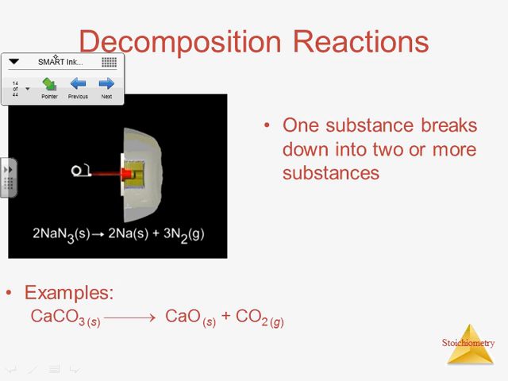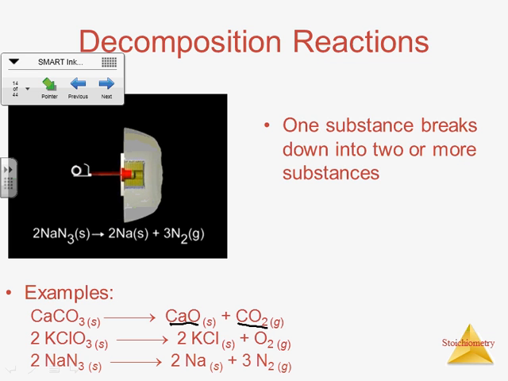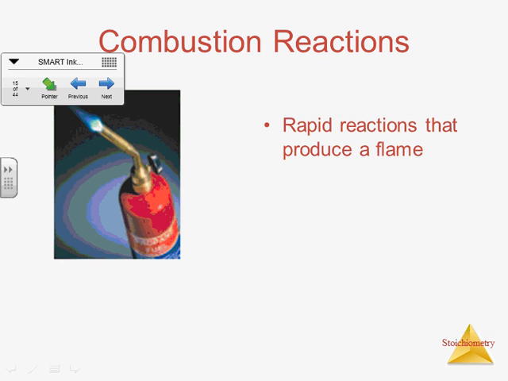Probably should have shown you this first, because this is another example of a metal carbonate breaking down into a metal oxide, CaO, and carbon dioxide gas. Another example here, KClO3 breaking down into KCl plus O2. We're going to have to talk about that rule tomorrow. And then you've got NaN3, the one shown in the picture here. That's the airbag thing. So there are some examples of decomposition reactions. You can call them decomp reactions.